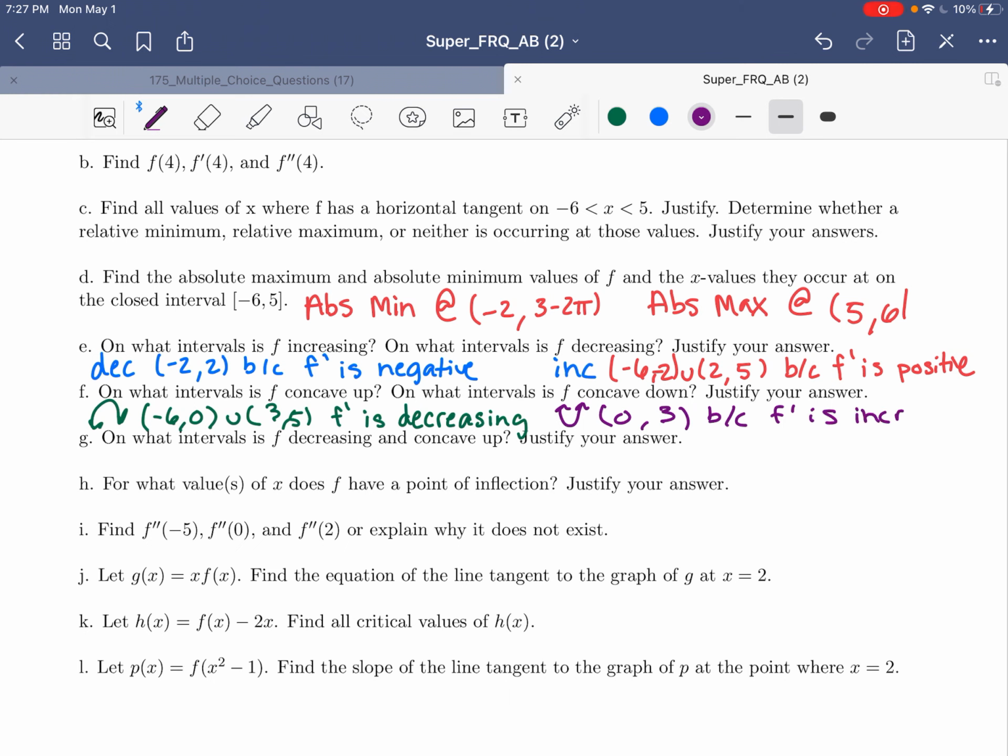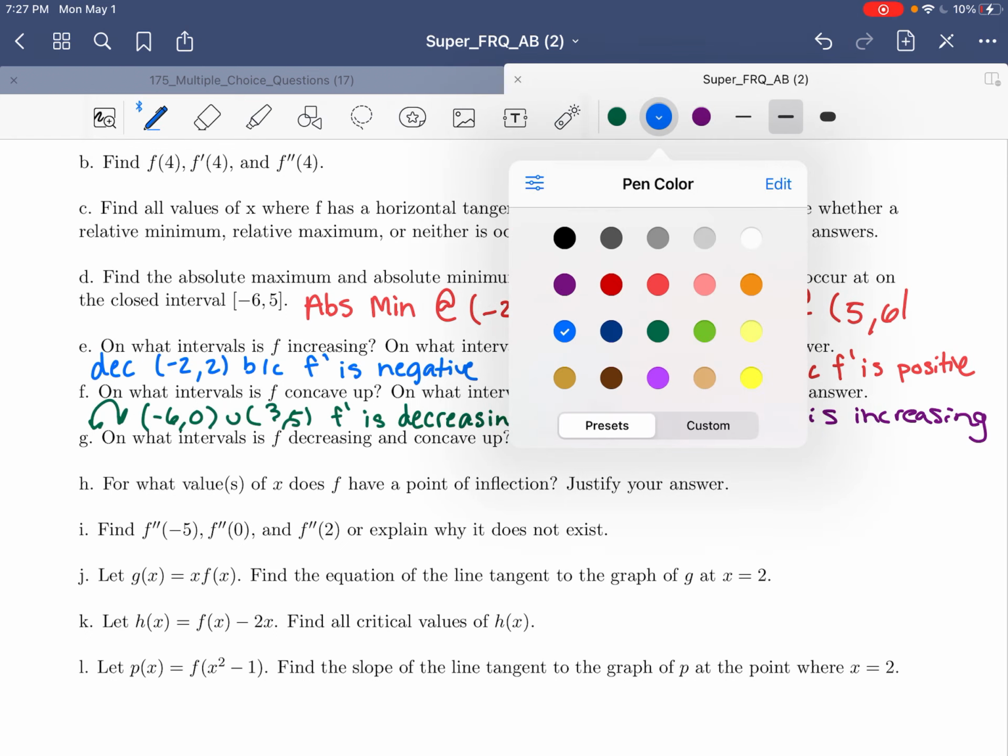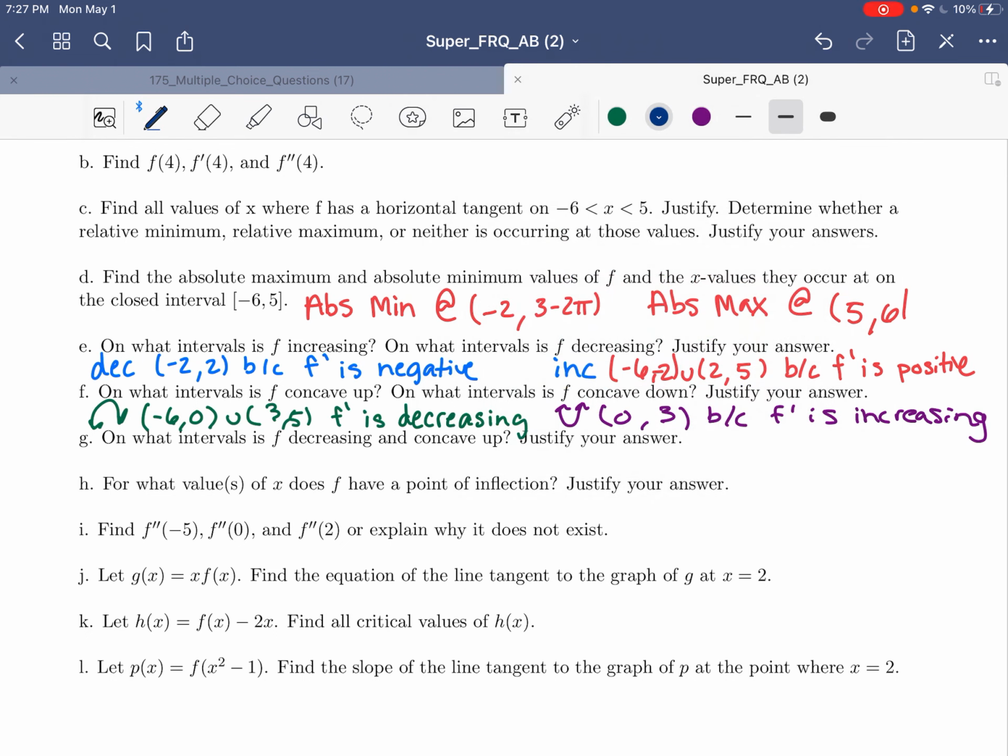Because f prime is increasing. Okay, g wants decreasing and concave up. So let's translate this first. If f is decreasing, that means f prime is negative. If it's concave up, that means f prime is increasing.